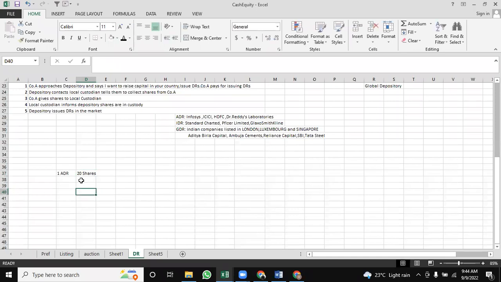Let's say this company's shares are listed in their domestic market. Which domestic market do you want? You can change the domestic market if you want. Indian domestic market itself. Okay. So let's say it is listed in India and the spot price, and you know what spot price is, right?